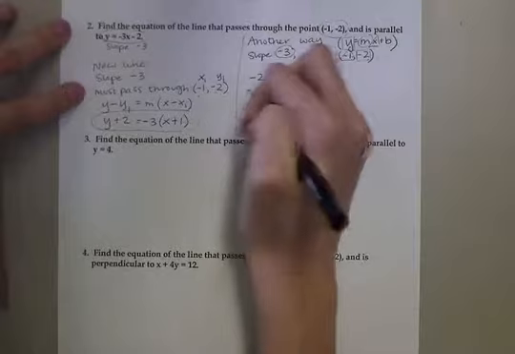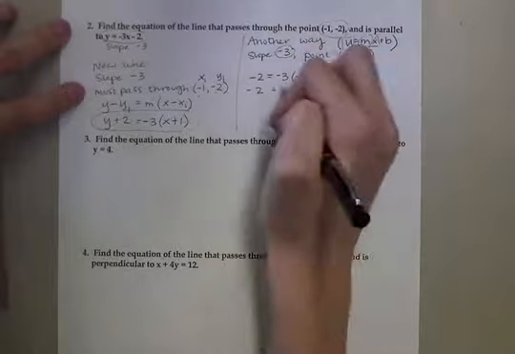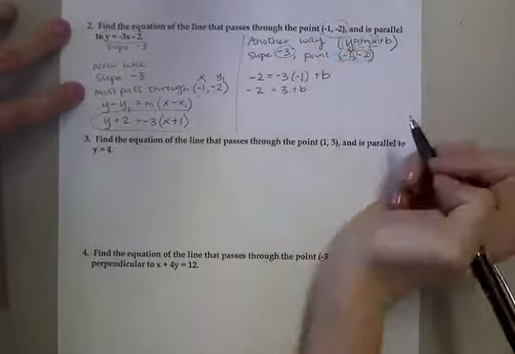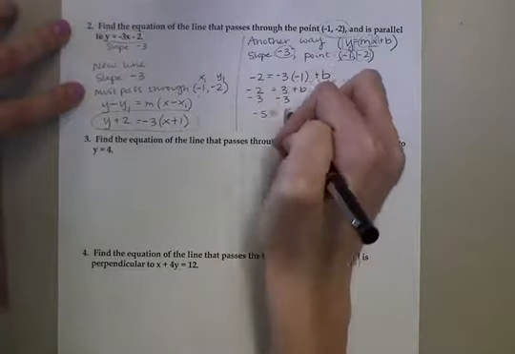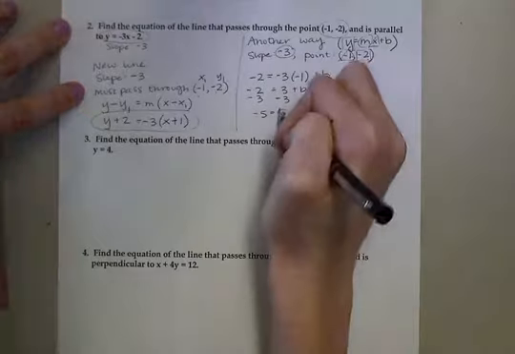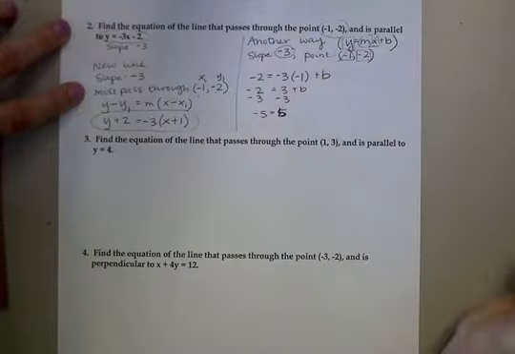So let's simplify. -3 times -1 is 3. Okay, go ahead and subtract 3 on both sides to get that b by itself. -5 equals b. So our y-intercept is -5.